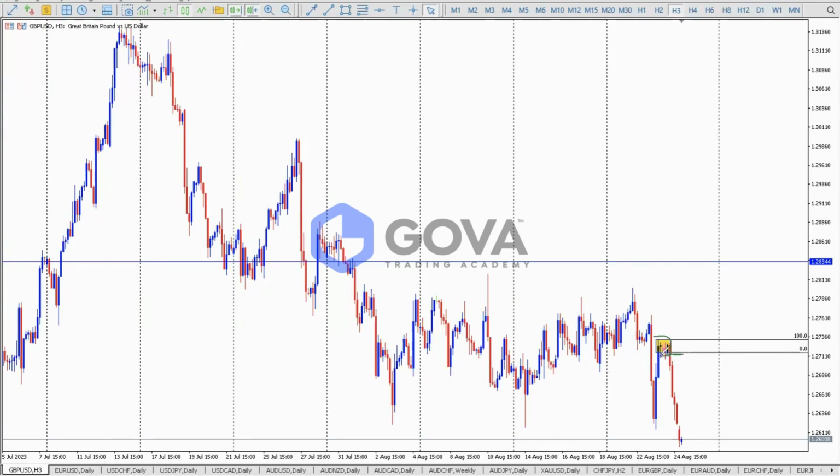Market price spent little time on the zone, and the market price dropped down. When market price was dropping down, how did price leave the level? Is it in a weak way or is it in a strong way coming down? The answer is it is in a strong way coming down. Then if it is in a strong way, how far did price go before price came back into the zone?